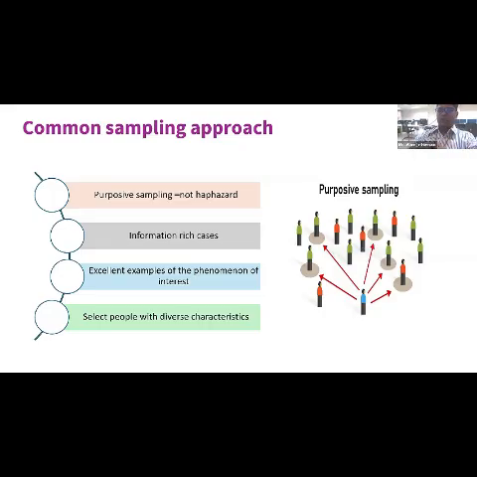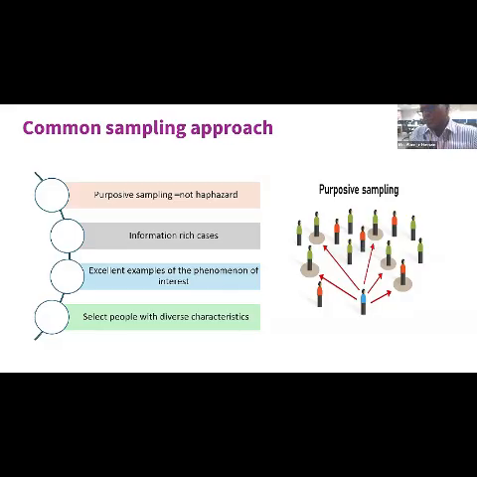This kind of information is of course gathered in natural settings, so our purpose should be in focus. That is why we use purposive sampling.